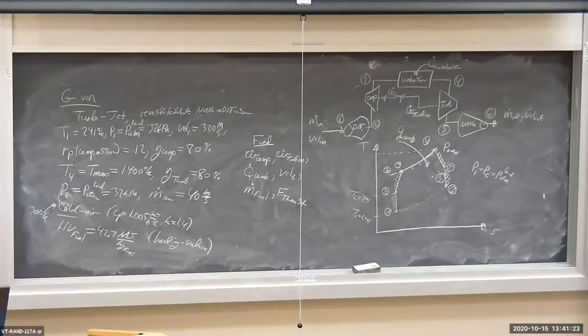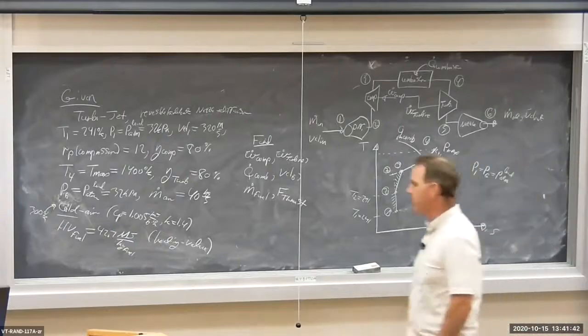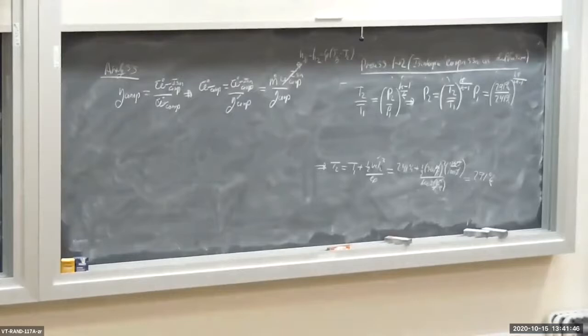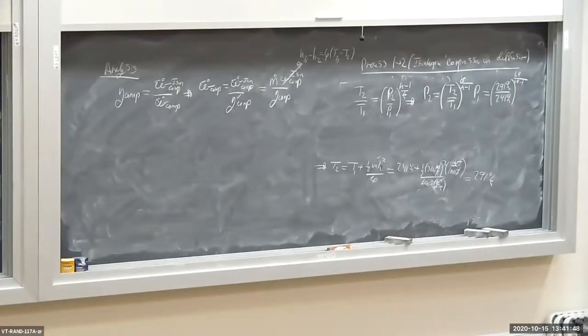T2 is 291 degrees Kelvin. T1 is 241 degrees Kelvin. K is 1.4, and then I have 1.4 minus 1. And pressure P1, the inlet pressure at my diffuser. Oops, sorry about that. Wrong screen.